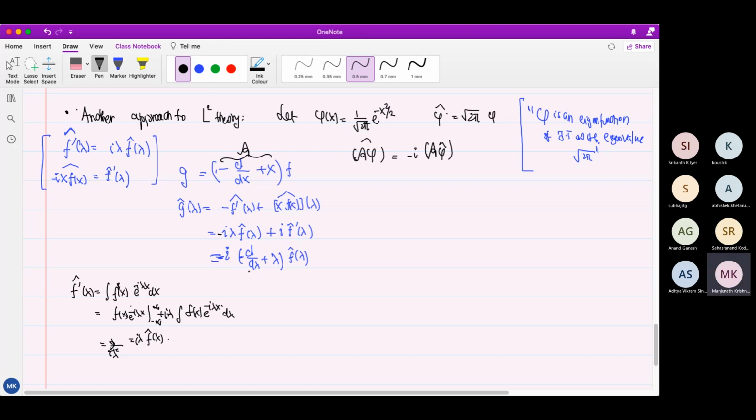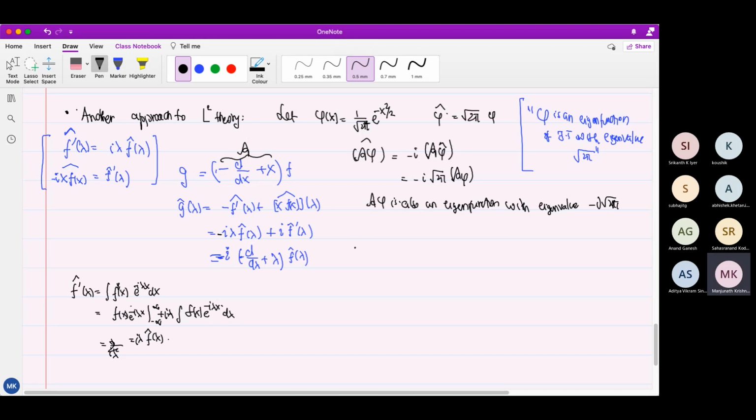But phi hat is just square root 2 pi phi, so it is minus i and square root 2 pi times A phi. So this shows that A phi is also an eigenfunction with eigenvalue minus i times square root of 2 pi.